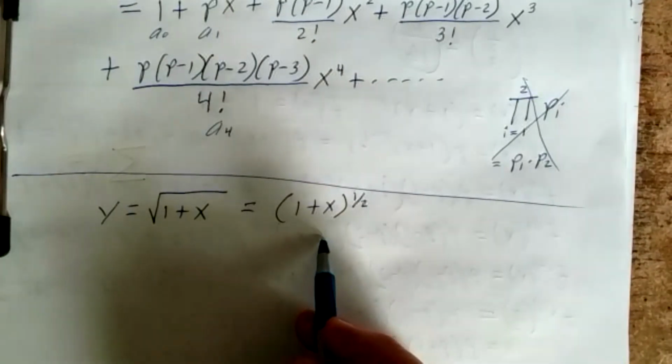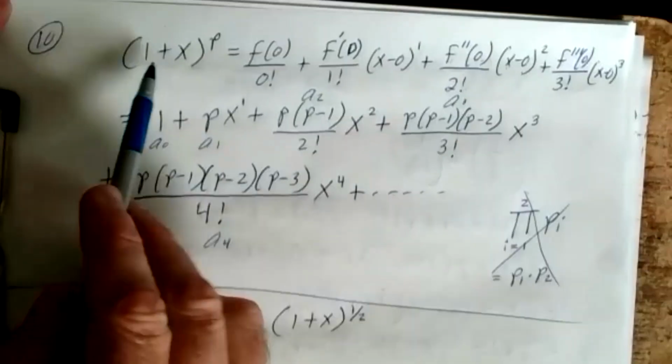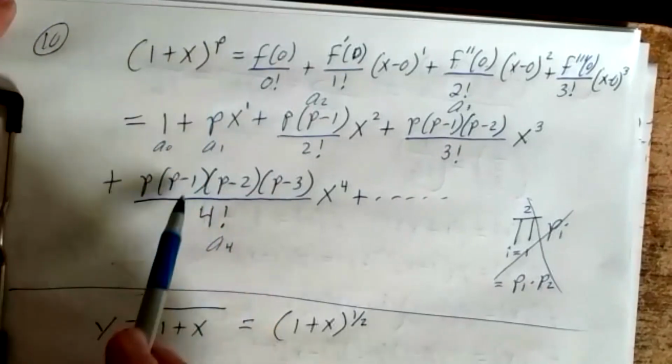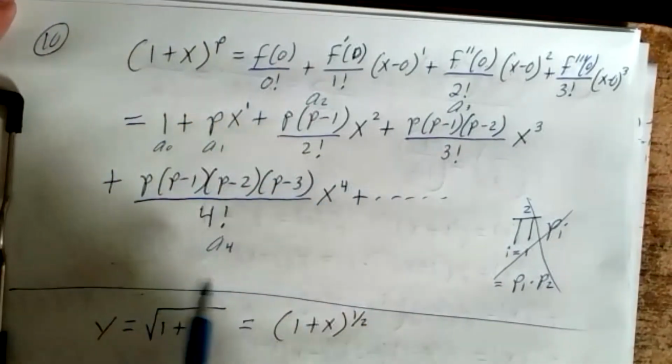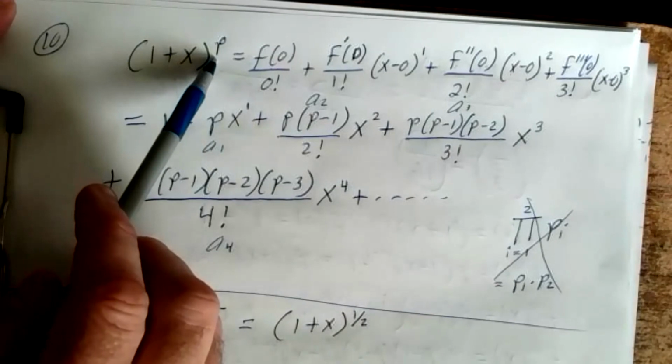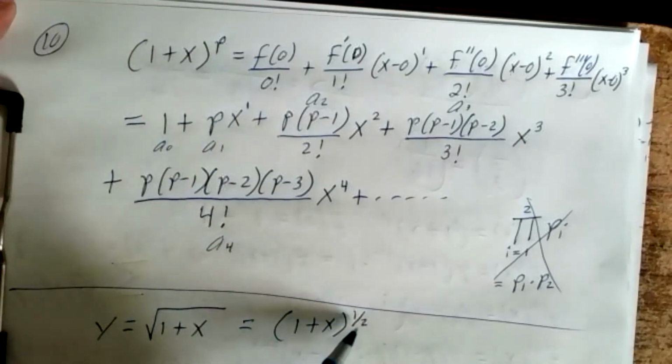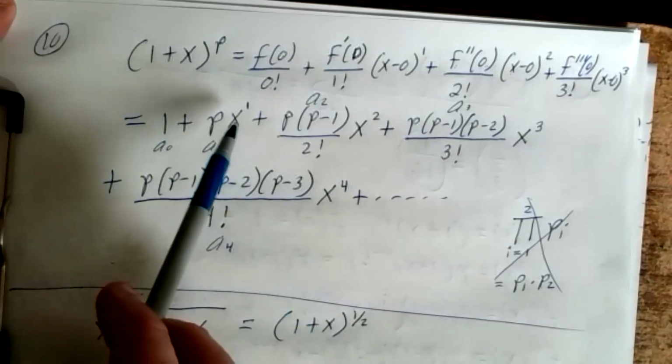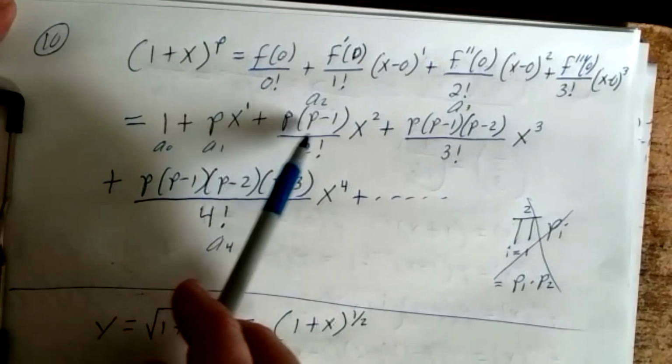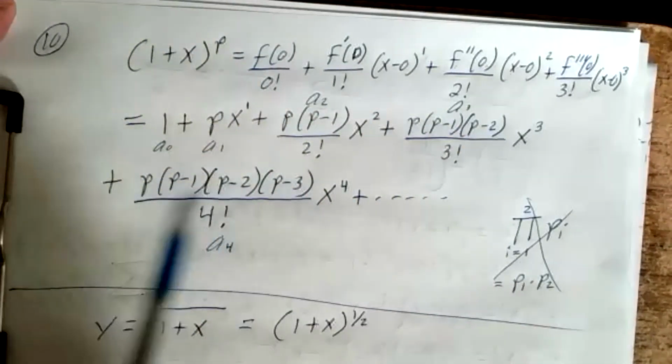Do you agree we just developed the power series expansion for 1 plus x to the p power in general? Here it is. So what's my p? My p here would have to be 1/2. So we replace all these p's with 1/2.